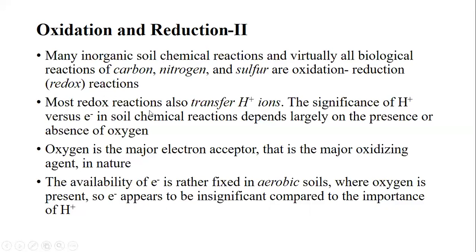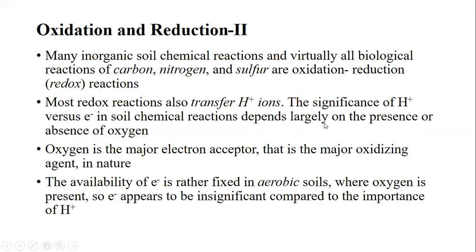Most redox reactions also transfer hydrogen ions. So not only remember loss and gain of electrons, but they also transfer hydrogen ions. The significance of hydrogen ions versus electrons in soil chemical reactions depends largely on the presence or absence of oxygen.